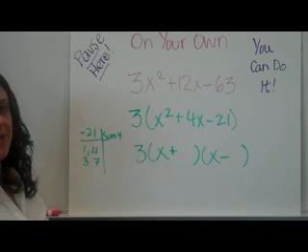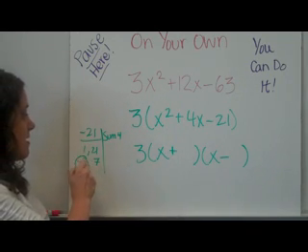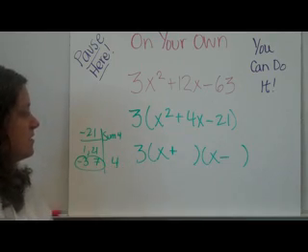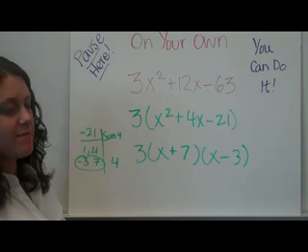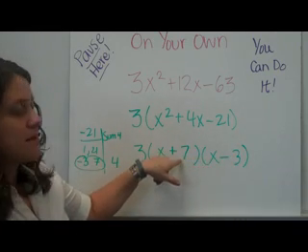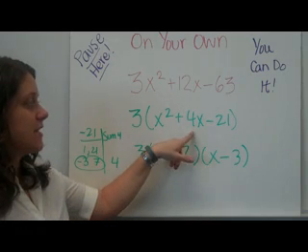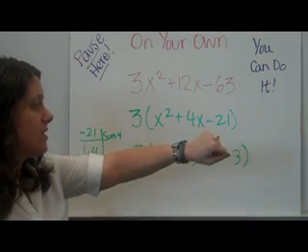However, with 3 and 7, if I make this a negative 3 and a positive 7, that will give me 4. So I can go back and multiply and make sure that works. So I have x squared, negative 3x, positive 7x, that gives me 4x. 7 times negative 3 gives me negative 21.